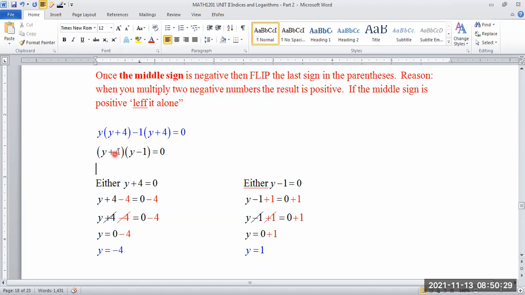So it's either this equals 0, or this equals 0, or the two of them equal 0, in order for this to be equal to 0. So we're going to find the value of y that makes this portion equal 0, and we're also going to find the value of y that makes this portion equal to 0. Because either the one here, or the one here, or the two of them.